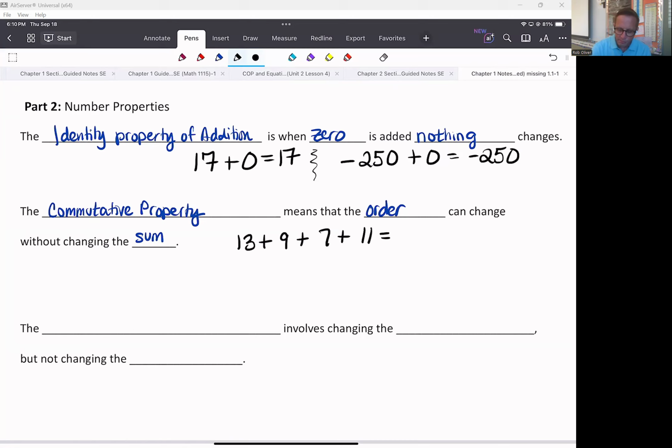What if I did 13 plus 7 instead of 13 plus 9? I noticed that 13 plus 7 go well together because they make 20, and so does 9 plus 11. So now I'm looking at this as 20 plus 20, which is a really easy sum to work out mentally.